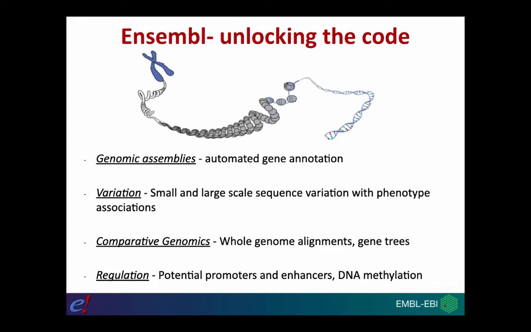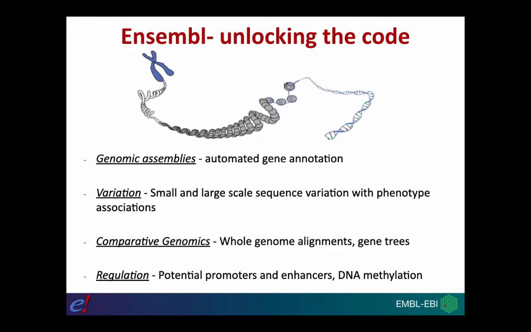Then we take these deposited genomic assemblies and we annotate them with an automated gene annotation pipeline. So for every species, their genome is imported into Ensembl. We annotate them with our automated gene annotation pipeline that Astrid is going to talk about in the next webinar.